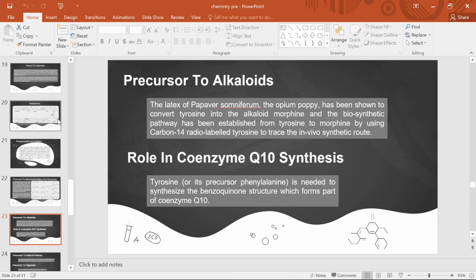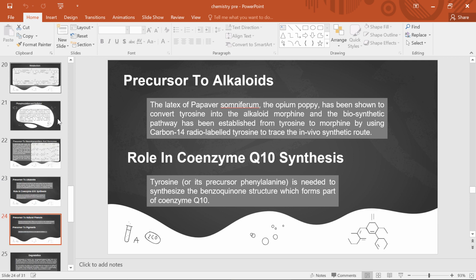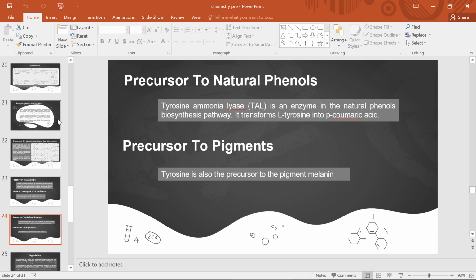Role in coenzyme Q10 synthesis. Tyrosine or its precursor phenylalanine is needed to synthesize the benzoquinone structure, which forms part of coenzyme Q10. Precursors to natural phenols. Tyrosine ammonia lyase, TAL, is an enzyme in the natural phenols.